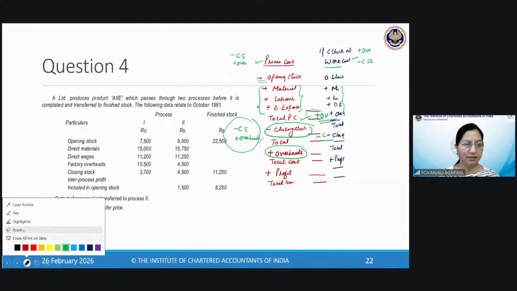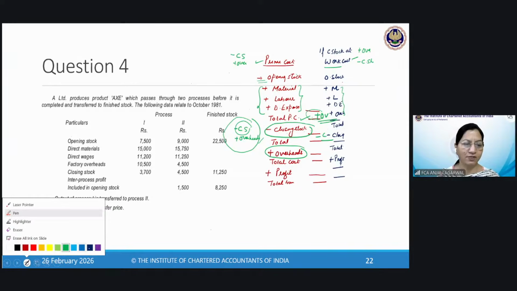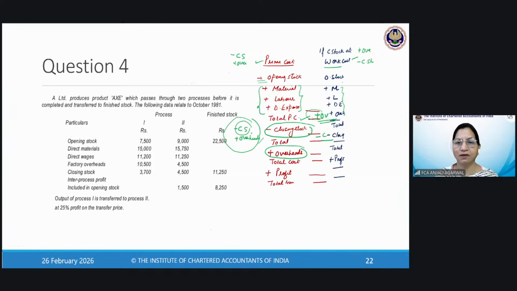Second thing is, in doing so, if the process keeps some closing stocks with them, the inter-process profits become unrealized or blocked in the closing stocks.